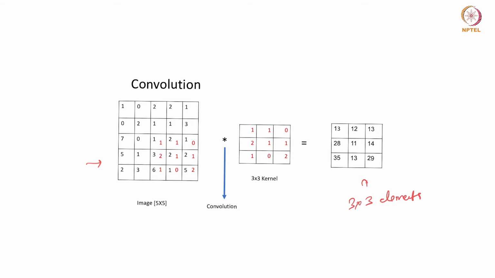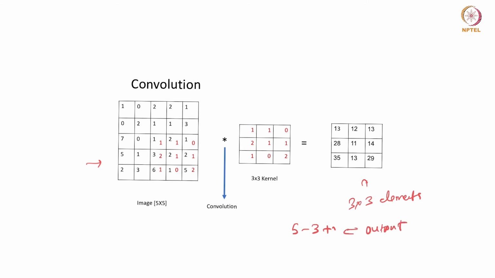Because you didn't pad with zeros, the convolution automatically reduces the size. You start off with 5 cross 5, and in this case you lost 2 elements when you do the convolution. If you start with 5 cross 5, of course, you're always looking at square inputs and square filter kernels, so you would have 5 minus 3 plus 1. That's the size of your output.